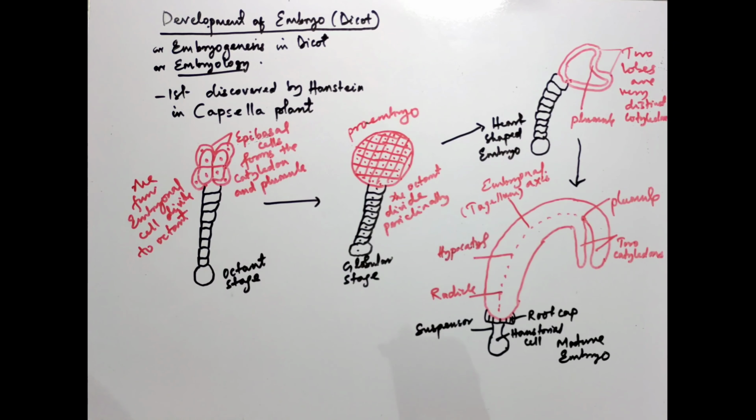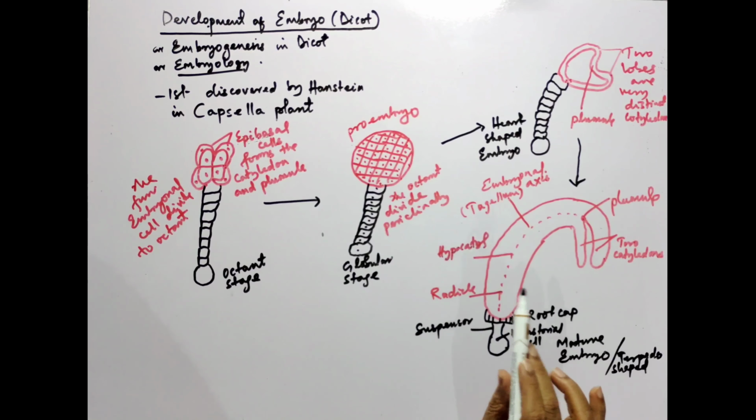So inside the seed we will find this mature embryo, sometimes also called torpedo-shaped embryo. So in this way, inside the seed, or we can say the ovule, the complete dicotyledonous embryo is prominent.